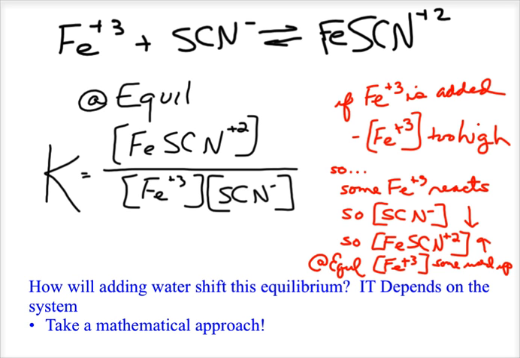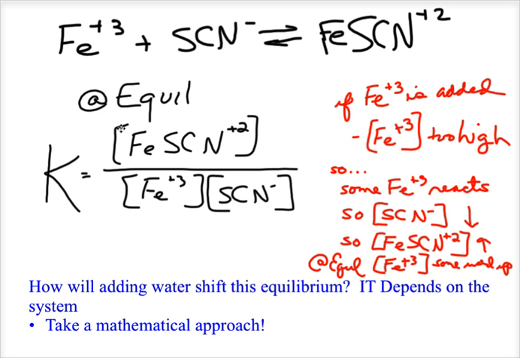It turns out it does depend on the equilibrium system, depending on how many reactants and products you have that are dissolved in water. In this case, we have one product and two reactants, coefficients all being 1. So take a moment and pause this podcast and take a mathematical approach to this.